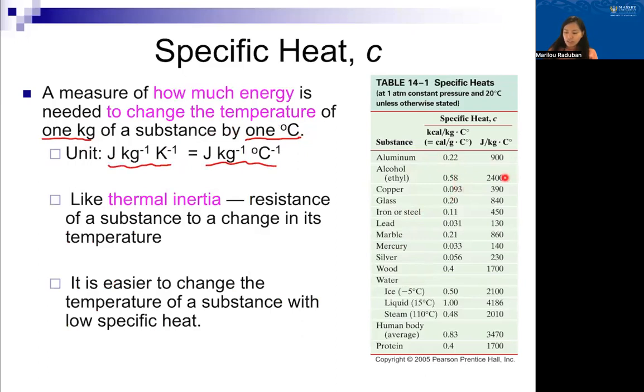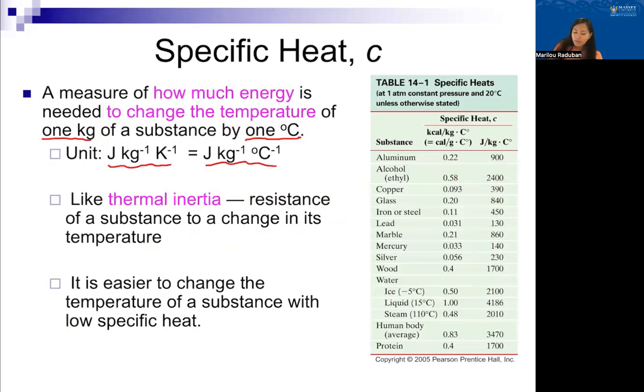So it's just a constant number there for a particular material. But practically speaking, specific heat is the resistance of a substance to the change in temperature, meaning the higher the specific heat of the object is, the more it will resist a change in its temperature.